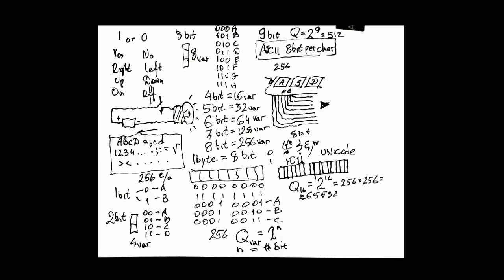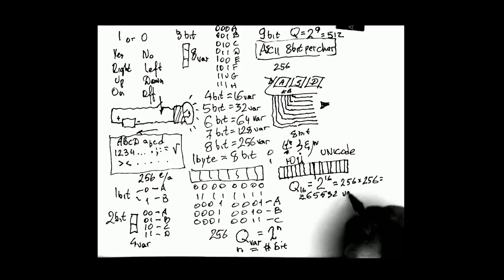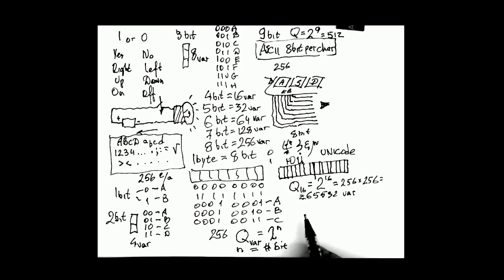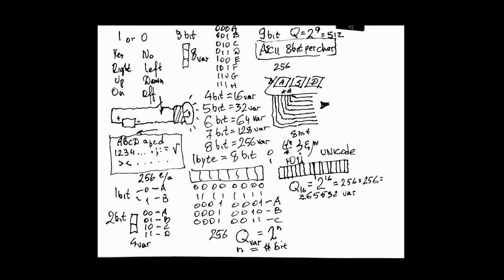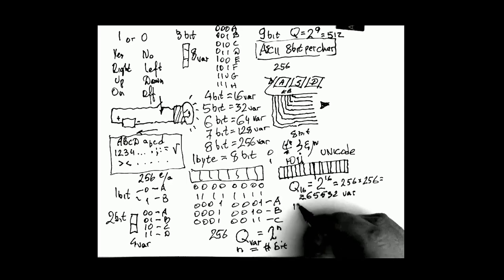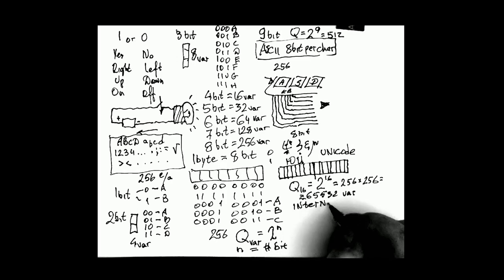I don't remember exactly, but it's more than 65,000 combinations, folks, variations. So this number of variations could fit any of the languages that could be found on planet Earth. So Unicode is good for internet because internet is an international network.